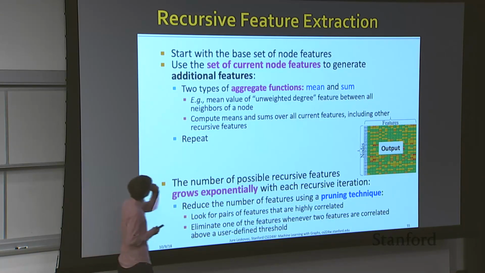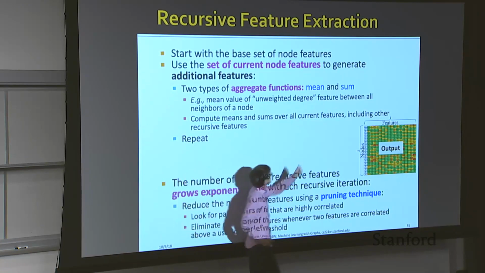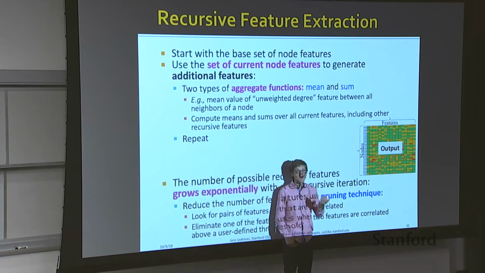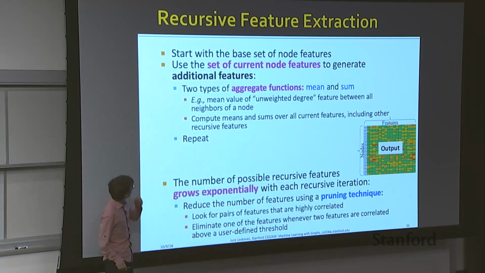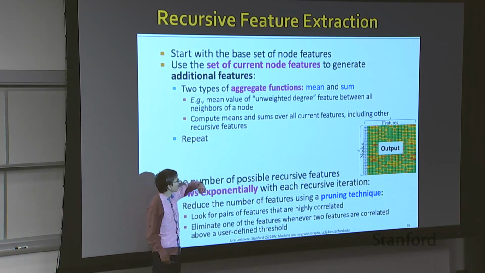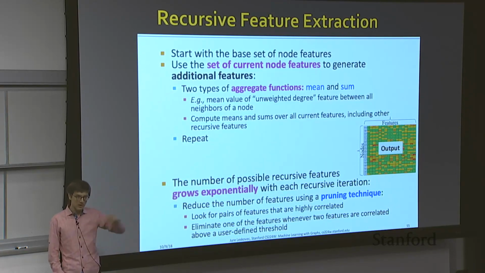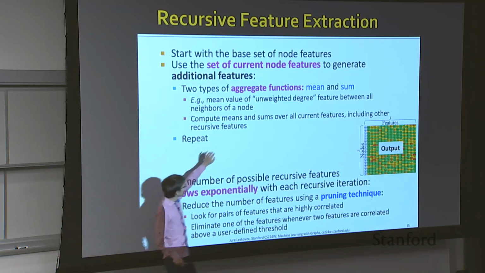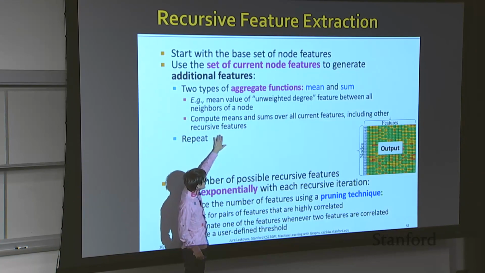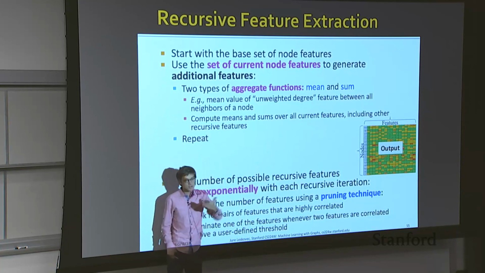These additional features are generated by using different aggregation functions. In particular, I will use the mean and the sum aggregator functions. For example, I will take the mean value of the degree of all the neighbors of a given node. So this will be the mean degree of my neighbors, or the sum of the degrees of my neighbors. And essentially, I can compute these means and sums over all the current features, including the recursive features.